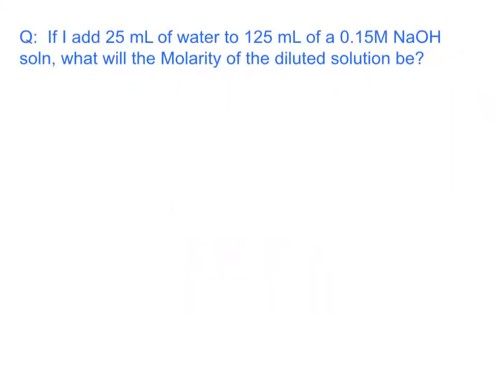The next problem I have on your note sheet says, if I add 25 milliliters of water to 125 milliliters of a 0.15 molar sodium hydroxide solution, what will the molarity of the diluted solution be? Just the fact that we see this word diluted tells us we're going to be needing to use M1V1 equals M2V2.